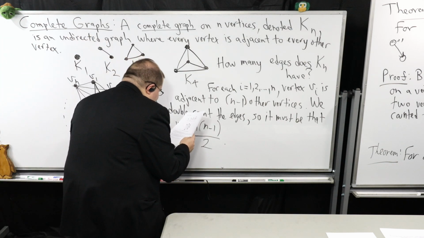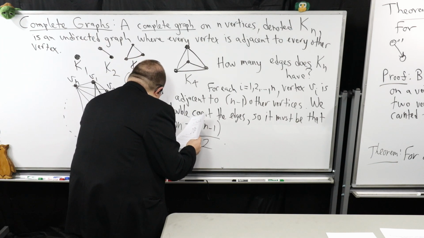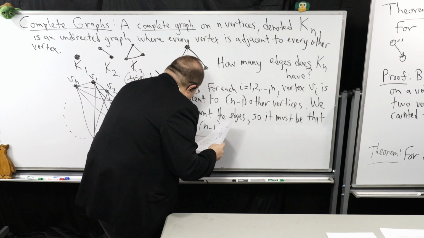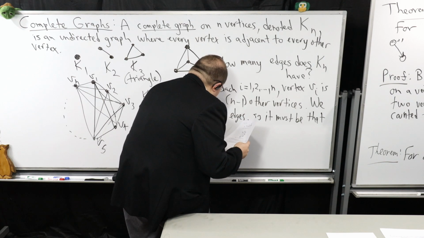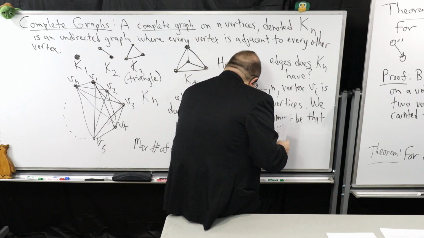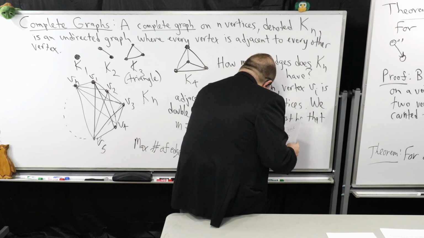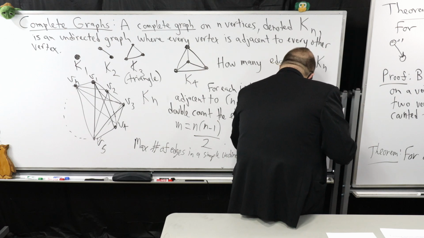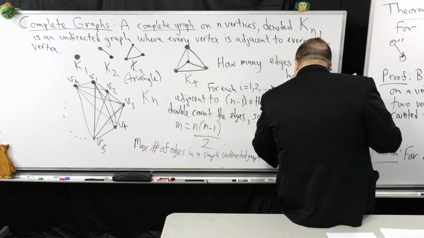So what does that mean? The max number of edges in a simple undirected graph is m, which is going to be at most this.